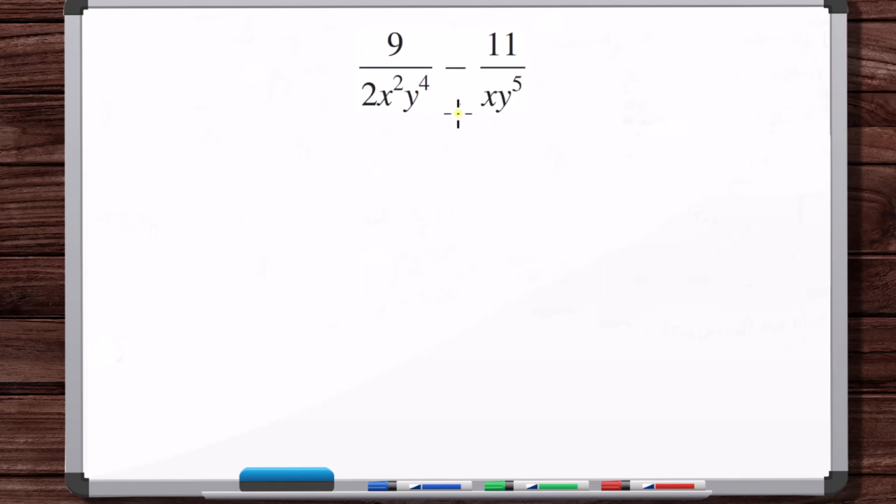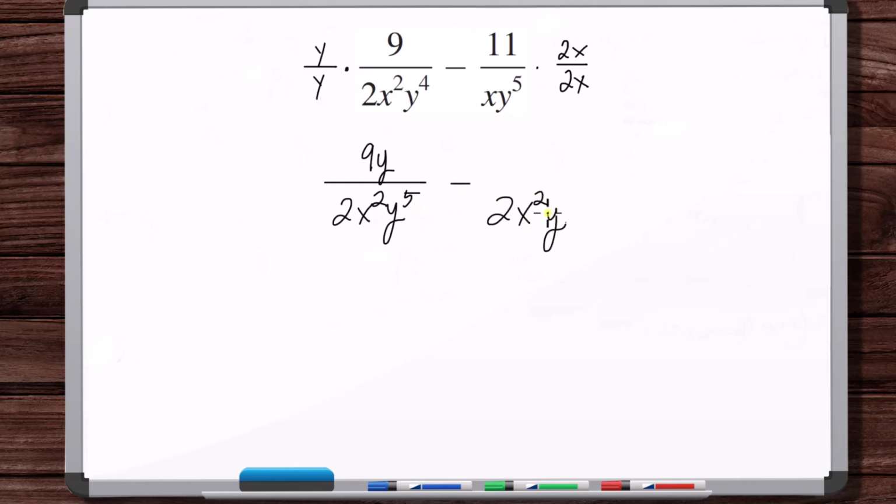Okay, let's see. Here, to create the common denominator, we want to multiply by y over y. And then here we want to multiply by 2x over 2x. And that should be good. So 9y over 2x squared y to the fifth, and then 2x squared y to the fifth, and then we've got 22x.